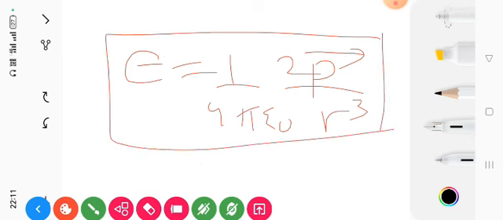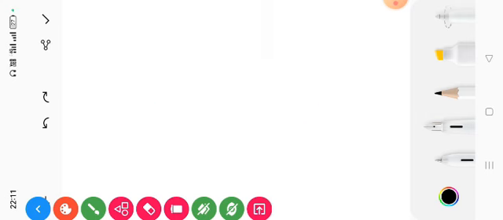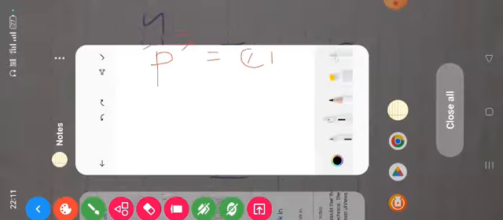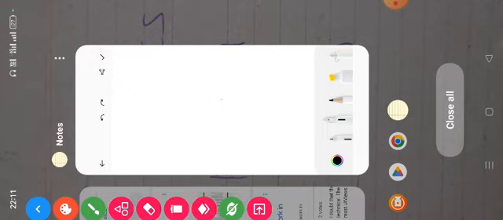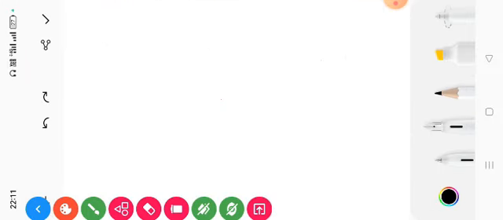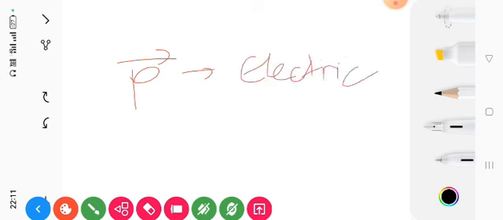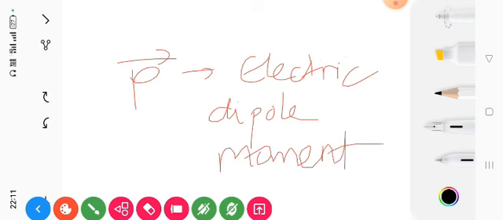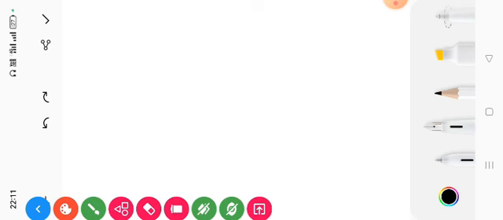What is this p here? P here is the electric dipole moment. What is the meaning of this electric dipole moment? Basically, it tells about the strength of the dipole.